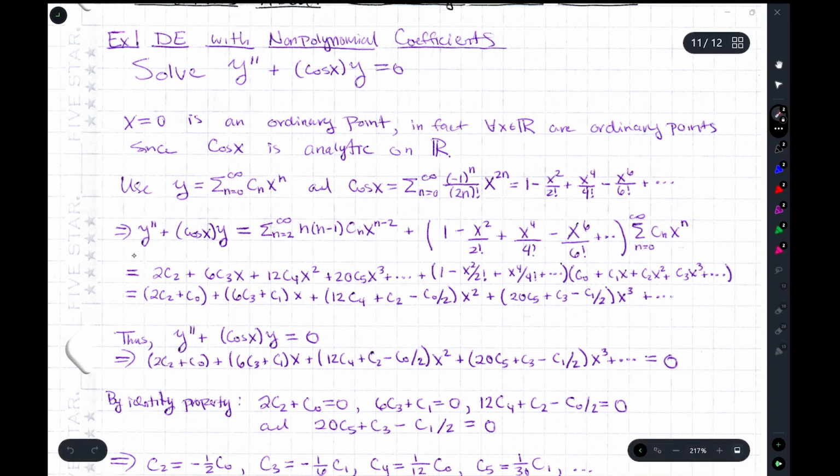So focusing on the left-hand side then, here's our second derivative, here's our power series of cosine x, and here's y. And we multiply out the first few terms. Now we're just expanding here, and we get this for our left-hand side, the first few terms. We combine around powers of x.